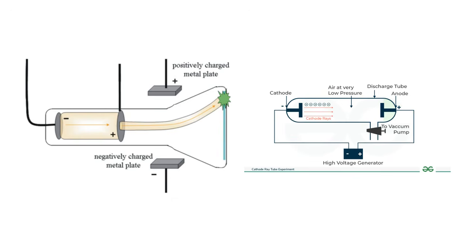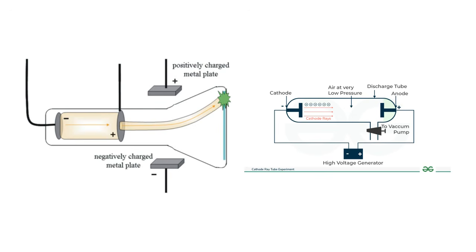Another thing we did during our face-to-face encounter was the J.J. Thomson cathode ray tube experiment. So we can see the discharge tube as we have the same thing in our learning material. The cathode ray tube looks like this.